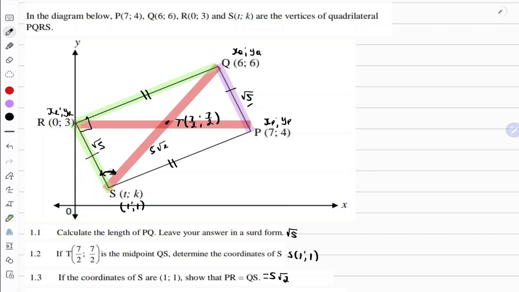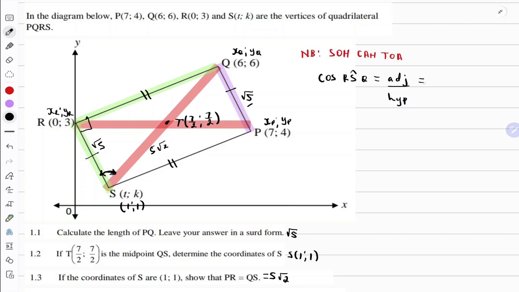And with respect to this angle, this qualifies to be the adjacent side, and this is the hypotenuse. And if we use SOHCAHTOA, we know that the cosine of the given angle RSQ is equal to adjacent over the hypotenuse.